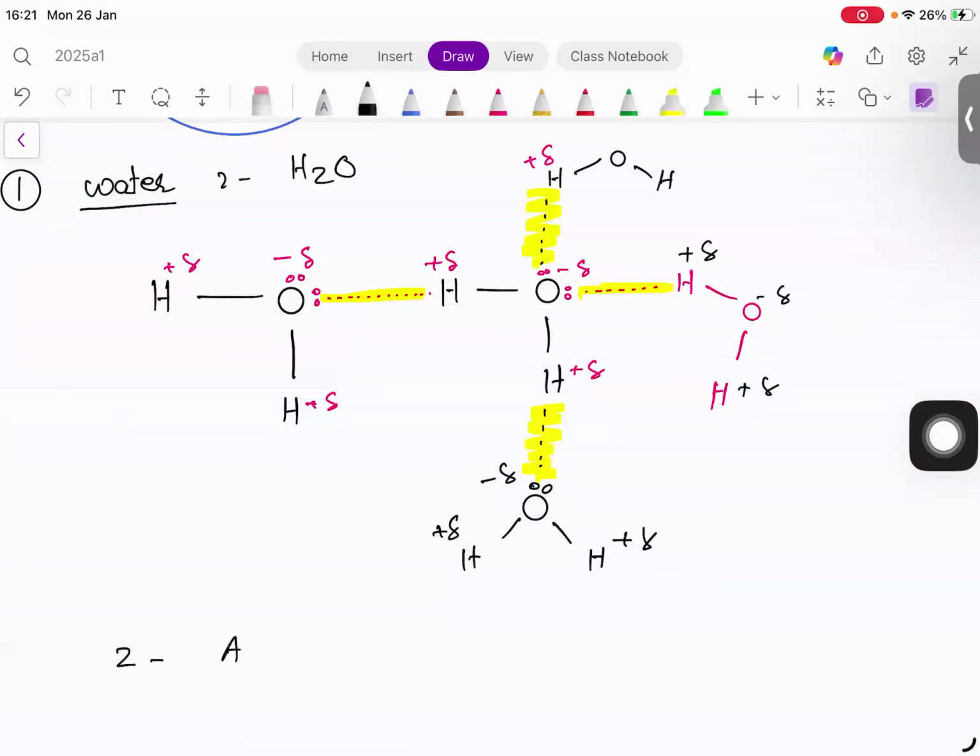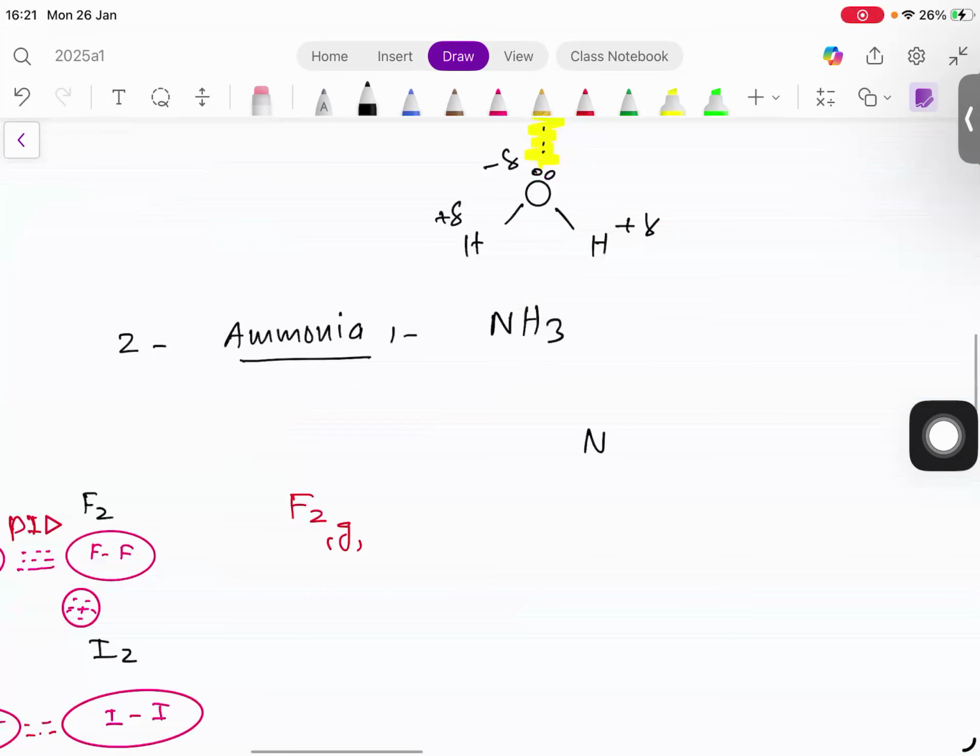Number two is ammonia. NH3. If I draw the dot and cross and see, look at this. N, H, H, H. Does it contain any one of the following bonds?